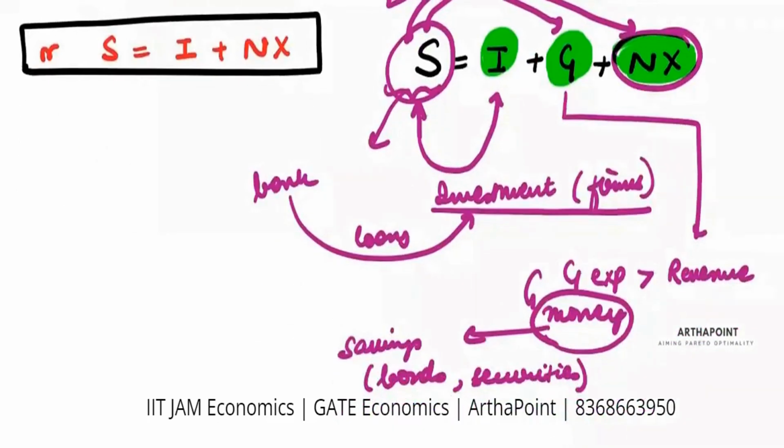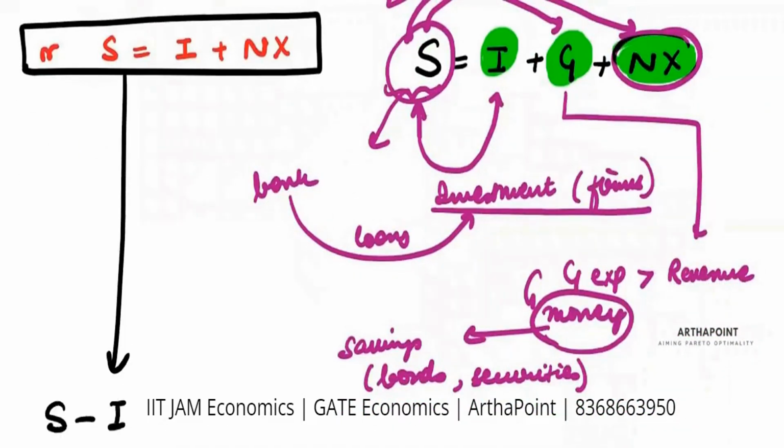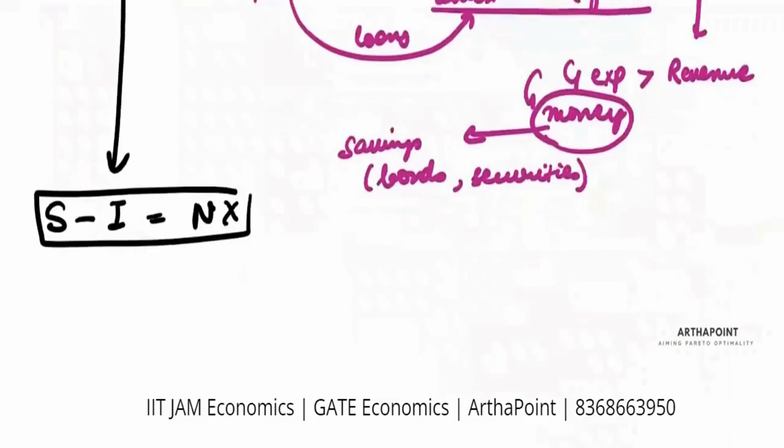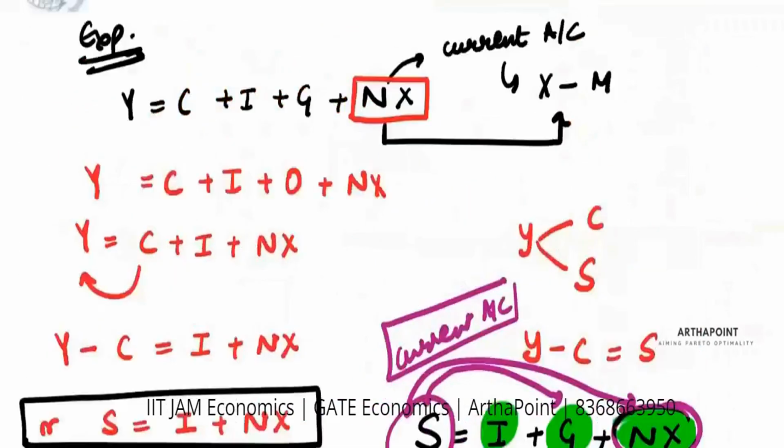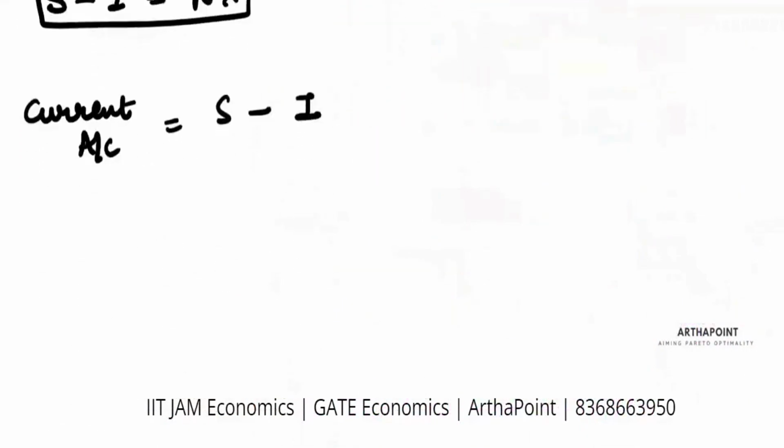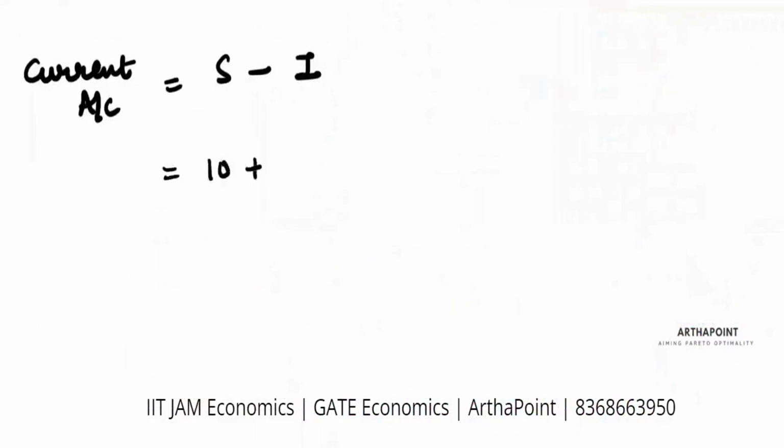Now, from here, I will get S minus I is equal to NX. So simple. They asked me to find current account balance. Current account balance will be saving minus investment. The equation of saving is given as 10 plus 100 RW. So this is 10 plus 100 RW.